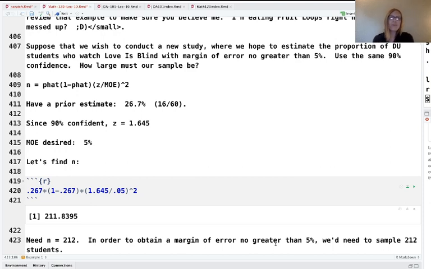So whether or not that's reasonable for us, now we've got a target. If we were designing our study, we'd be able to say something smart about how big that sample would have to be in order to get a margin of error of 5%. If we wanted a smaller margin of error, we'd need more students, and we could do that math too. Cool. That's it. That's the whole technique.